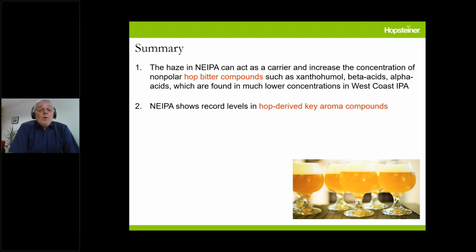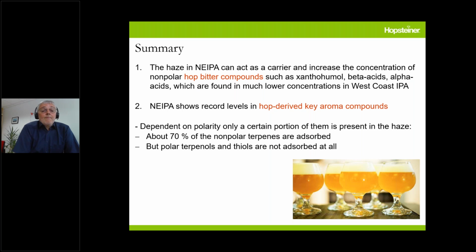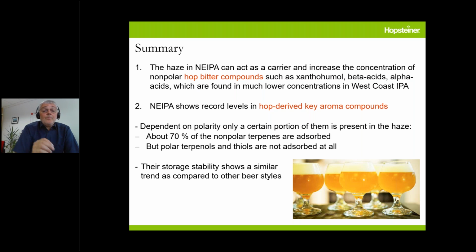With regard to aroma compounds, the New England IPA shows record levels in hop-derived key aroma compounds. Dependent on polarity, only a certain portion of them is present in the haze. About 70% of the non-polar terpenes are absorbed in the haze, but polar terpenols and the thiols are not absorbed at all.